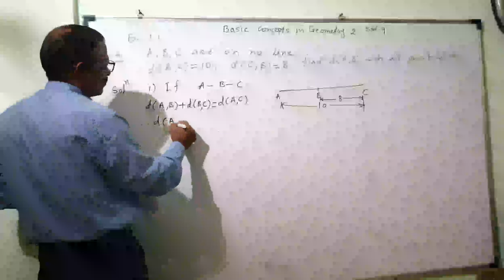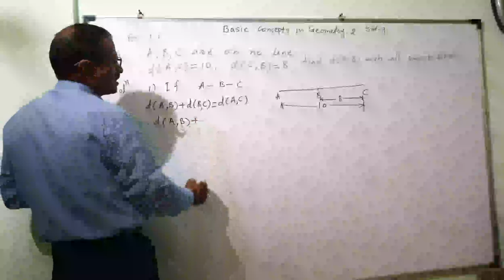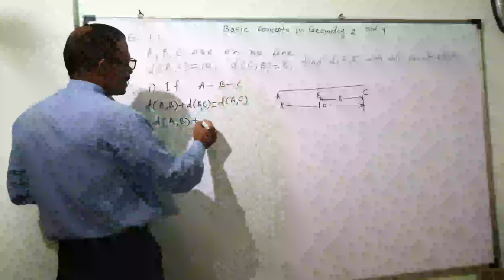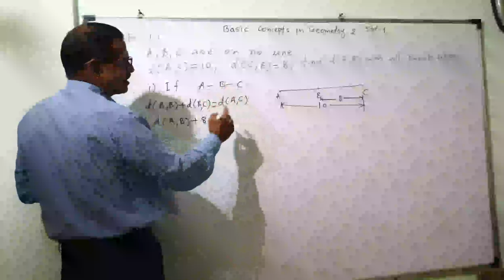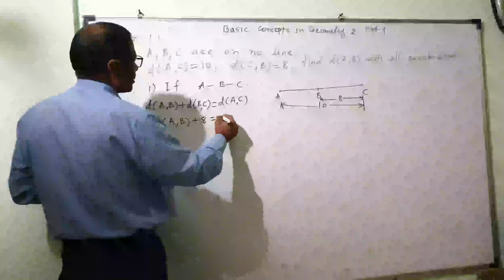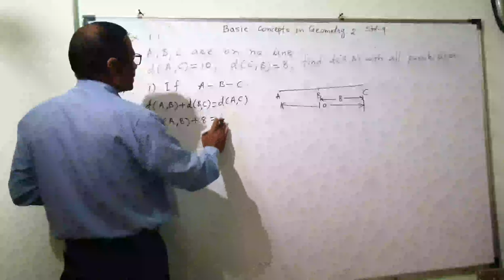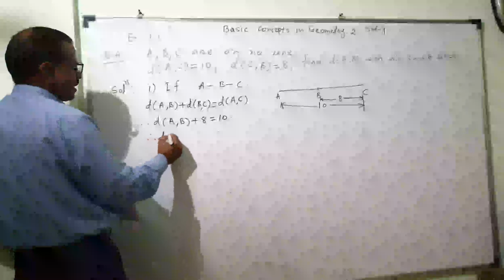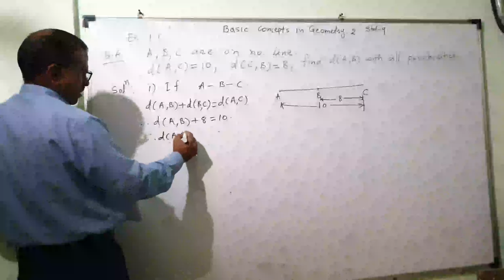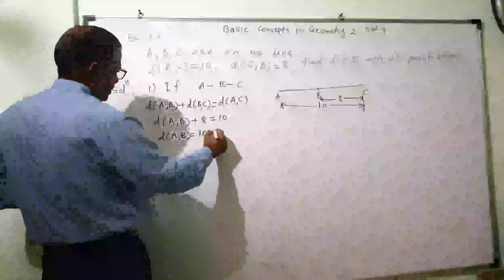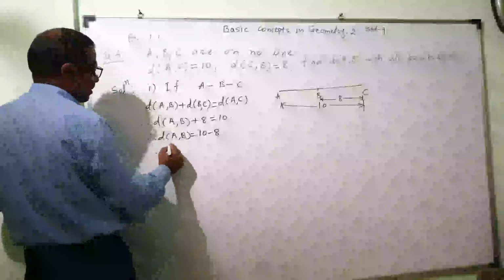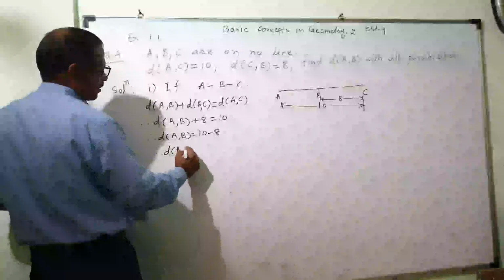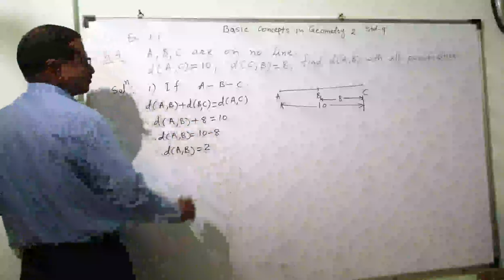Distance AB plus distance BC. BC is how much? 8. CB or BC, it is one and the same, is equal to distance AC. Distance AC is how much? 10. Therefore, distance AB is equal to 10 minus 8, and therefore distance AB is equal to 2.